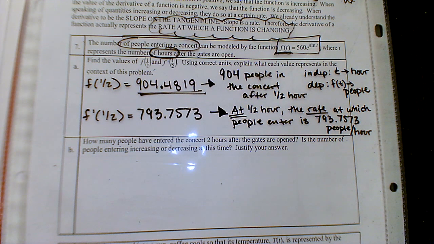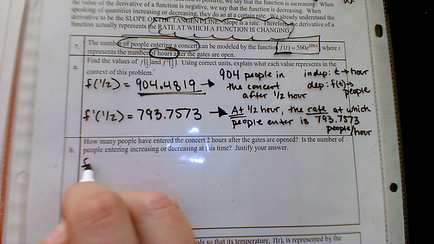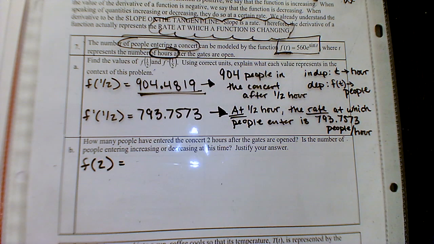Well, let's tackle the first one. How can we figure out how many people were in the concert after 2 hours? Plug in 2 to the original function. Notice how they're looking for people. That's a singular unit, not a rate. So we'll just use the original function. Go ahead and plug in 2.